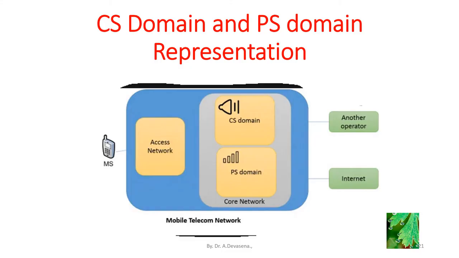The PS domain is responsible for the internet purpose, and CS domain is responsible for circuit switched network, that is voice oriented network is being performed in CS domain, and data oriented services is being done in PS domain.